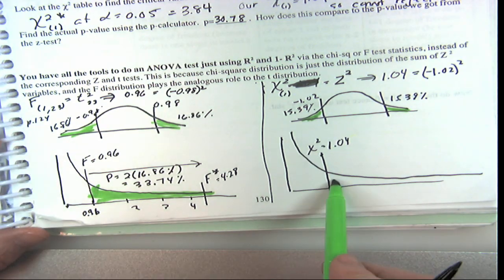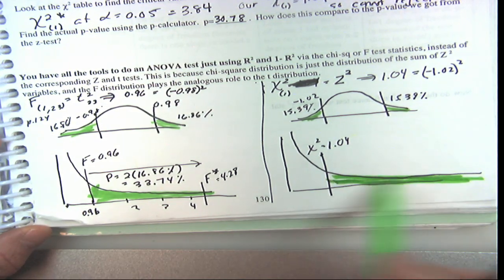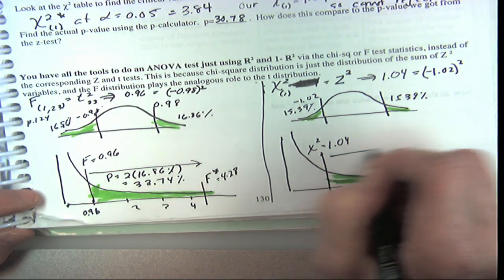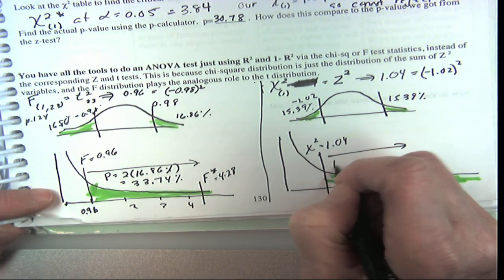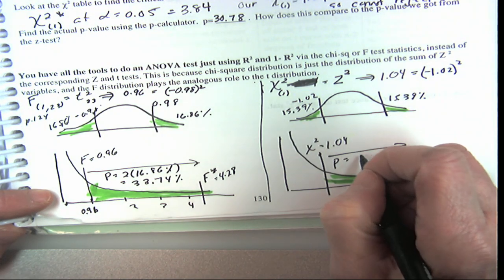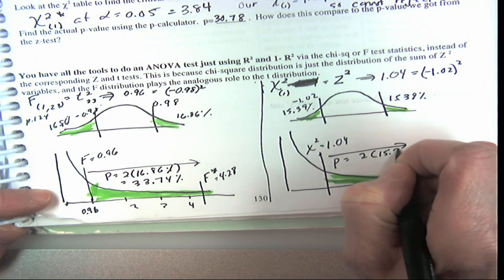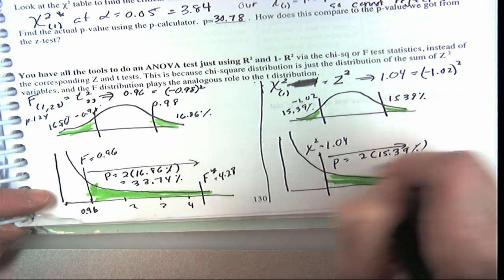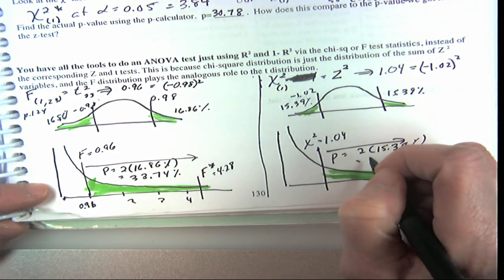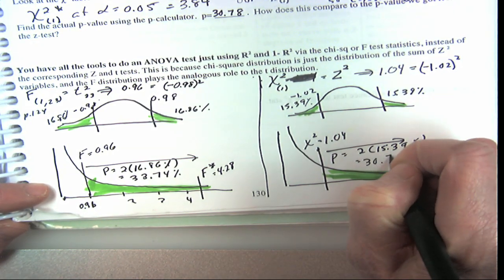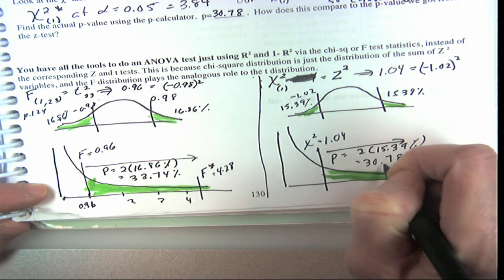And this whole thing here was a p-value equal to twice that, 2 times 15.39%, and it was equal to 30.78%.